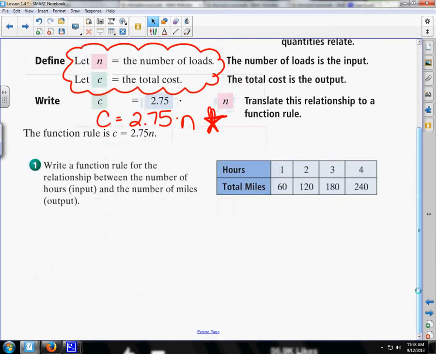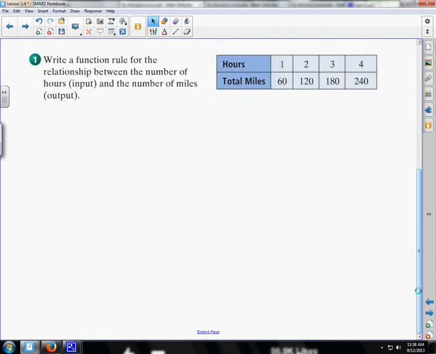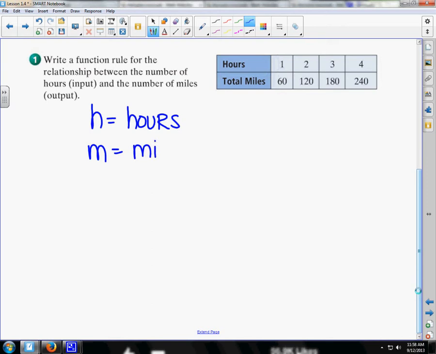So try this one. Write a function rule for the relationship between the number of hours and the number of miles. So I'm going to let H equal hours and M equal miles. If I say that my hours is 1 and my miles are 60, if I went 2 hours, I would get 120.